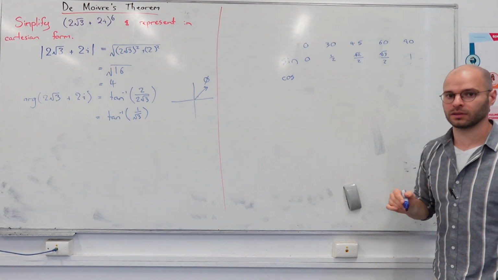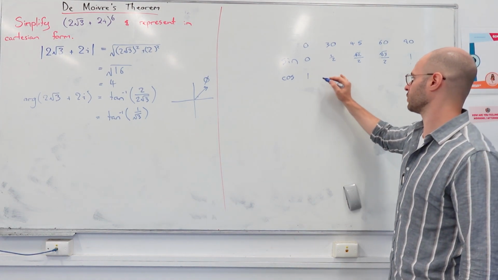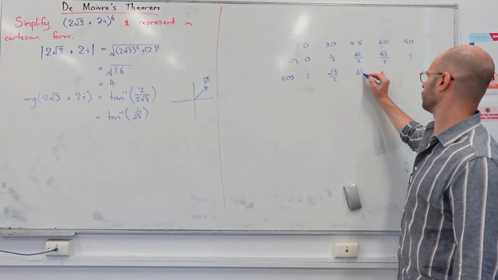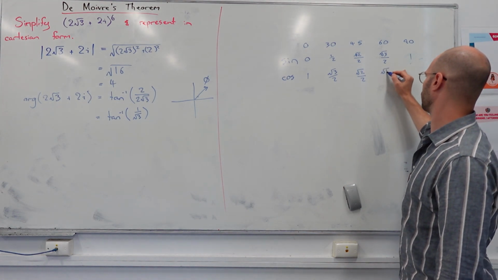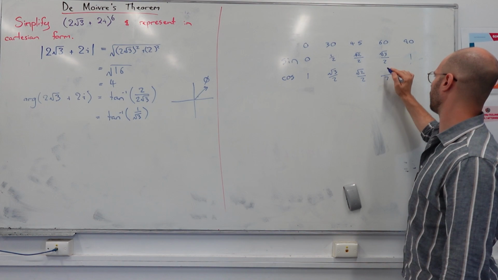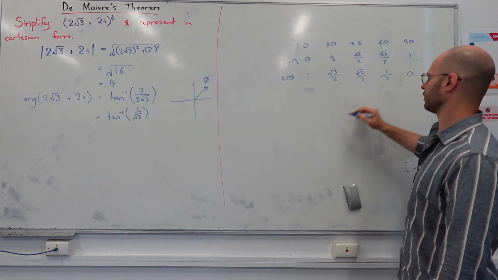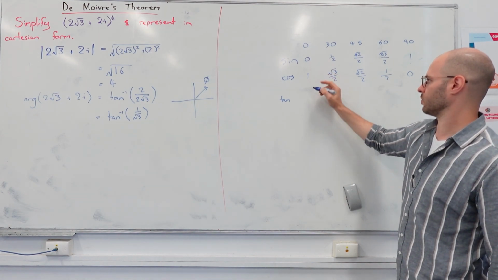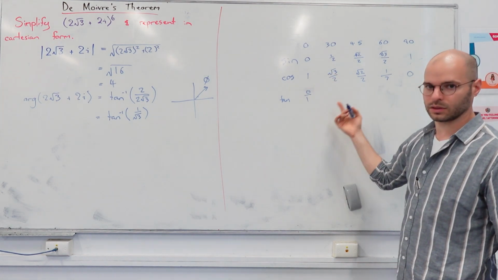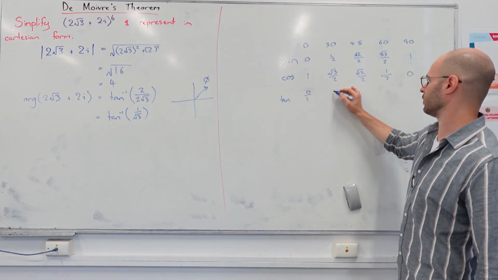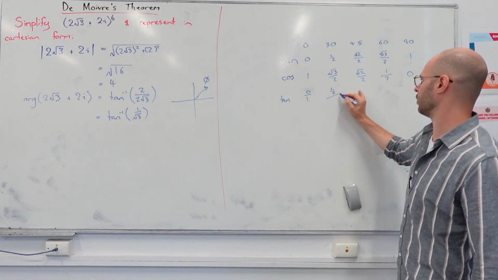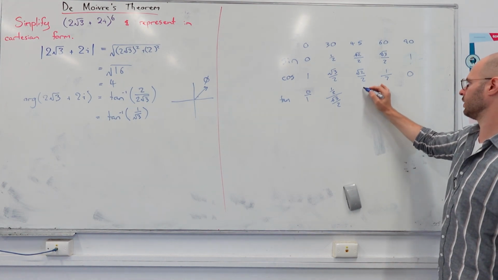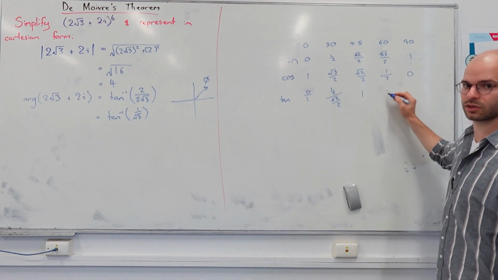Does that ring a bell? And cosine does the opposite. 1, root 3 on 2, root 2 on 2, root 1 on 2, also just a half, and then down to 0. So tangent is going to be, first one's going to be 0 on 1, which is just 0. This is going to be a half over root 3 on 2. This is going to be 1, and so on.